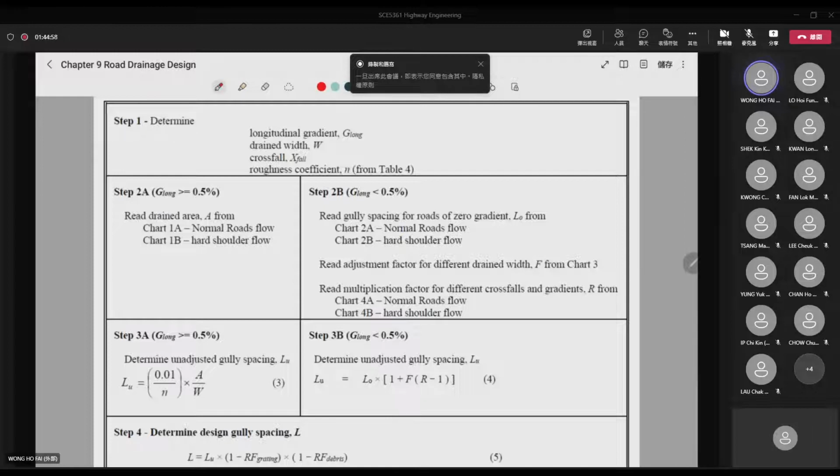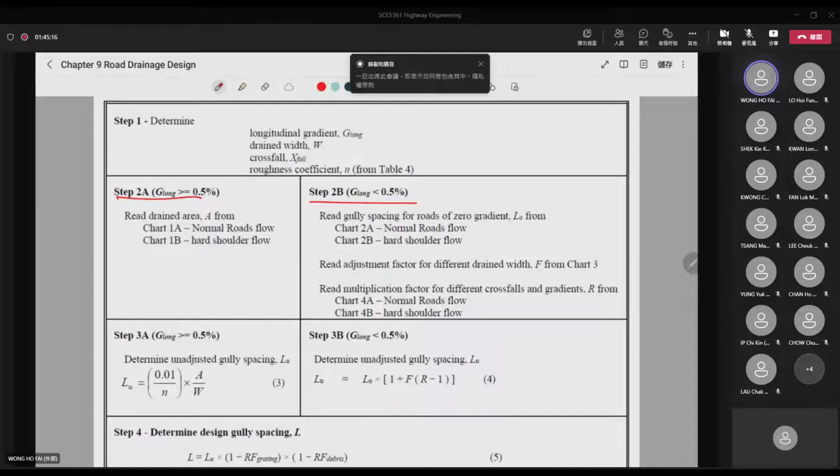Then here, it divides into two steps. If your gradient is larger than or equal to 0.5%, you go to the left-hand side. If your gradient is less than 0.5%, you go to the right-hand side.